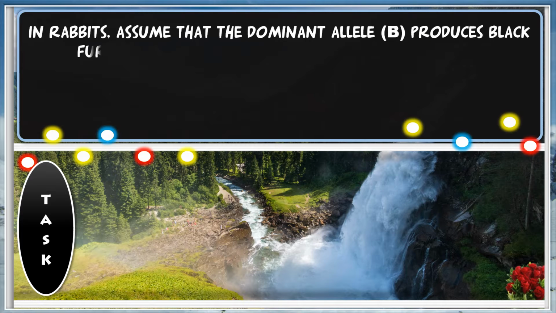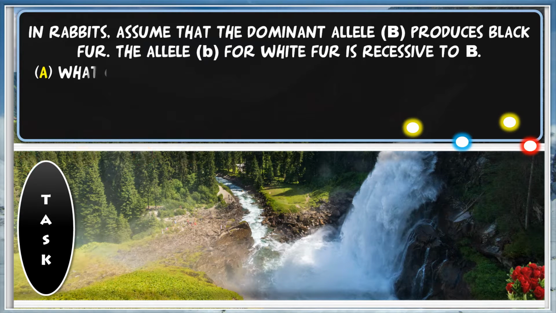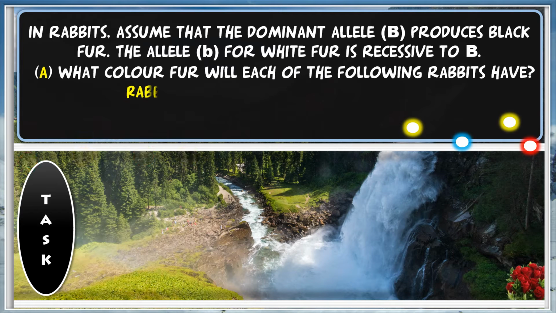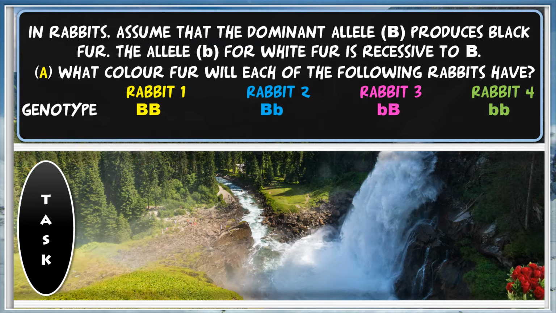In rabbits, assume that the dominant allele, capital B, produces black fur. The allele, small b, for white fur is recessive to capital B. Part A. What color fur will each of the following rabbits have? The genotypes are: rabbit 1, capital B; rabbit 2, capital B small b; rabbit 3, small b capital B; and rabbit 4, small b small b.